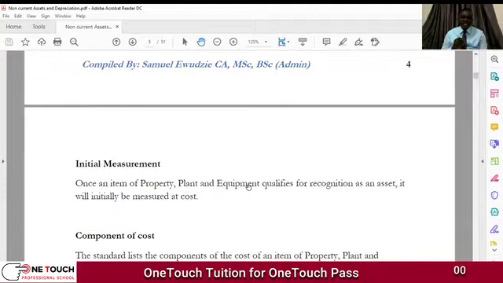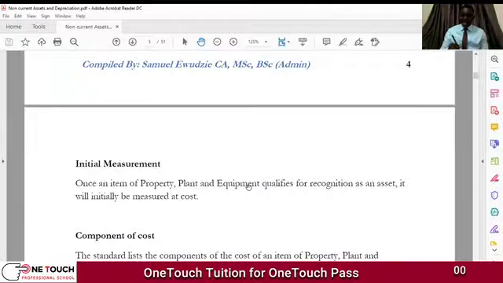Now let's talk about initial measurement. If an item is acquired, how should we measure it? Once an item of property, plant, and equipment qualifies for recognition as an asset, it will initially be measured at cost.